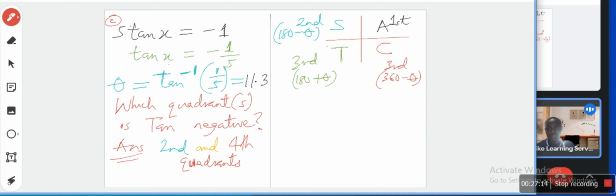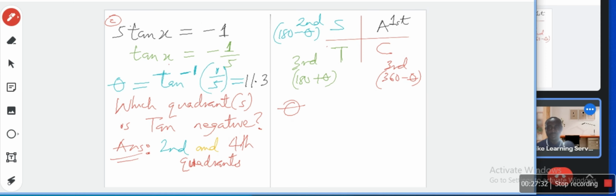So let's start getting our answer now, since we know it will be in the second and fourth quadrants. There will be only two answers, the one for second and the one for fourth, because only in the second and fourth quadrants tan is negative.